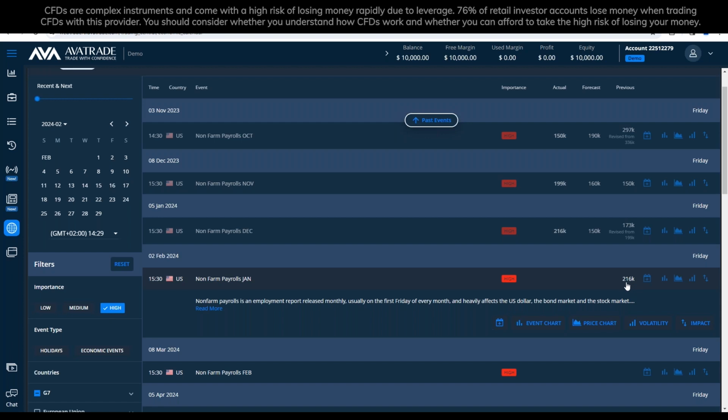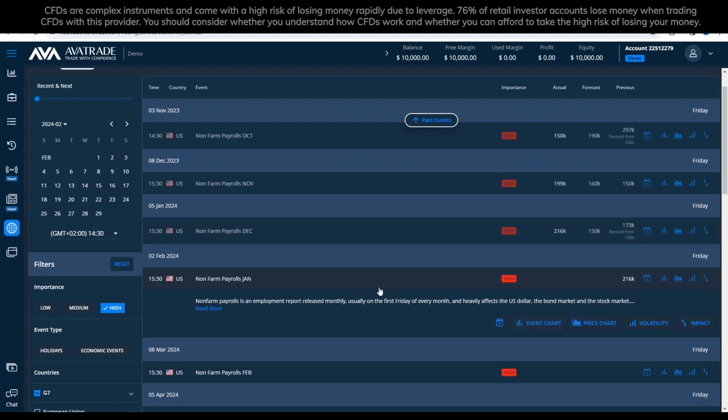If the next result is 250, as an example, it will appear on the next one as its previous. So in March, the previous will appear as 250. Every time you see 150, that became the next one, 199. This was revised from 173, and in here 216. That's what happened last month.